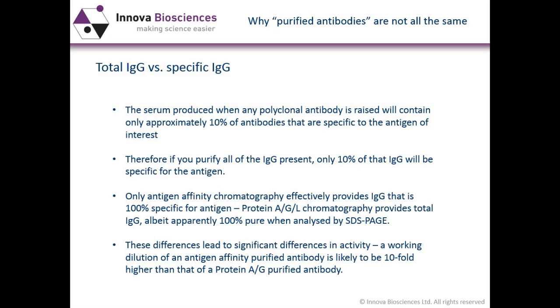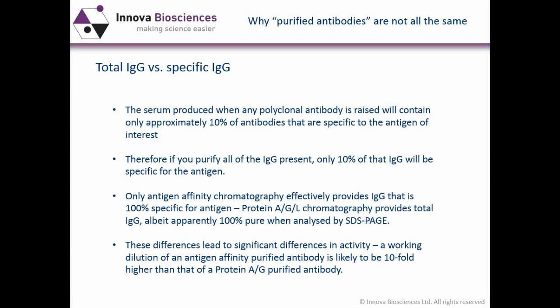You might also sometimes see that companies supply only small amounts, perhaps 50 microliters of one antibody, and maybe half a mil or 1 mil of another antibody, and the prices look quite similar. You might therefore think you're getting not very good value for the 50 microliters, but if it's antigen affinity purified, it's likely to be approaching tenfold as potent as your protein A or G purified antibody.